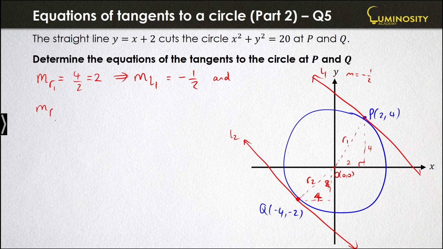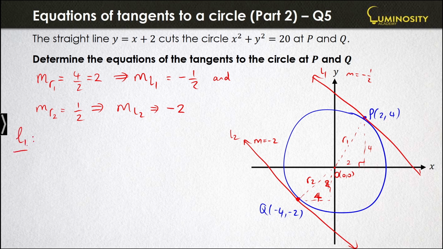That's what analytical geometry is all about. So the gradient of radius 2, from rise over run, is equal to positive 1/2. That means the gradient of line 2 is going to be negative 2. So this gradient here is negative 2. Okay, almost caught ourselves quite nicely there.